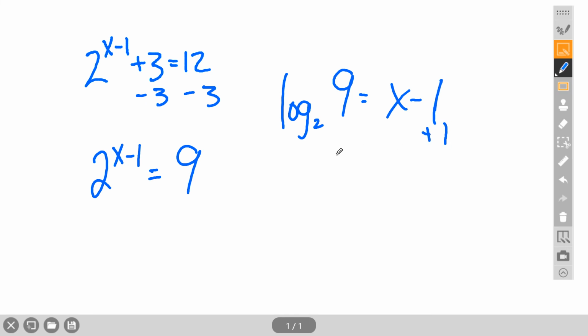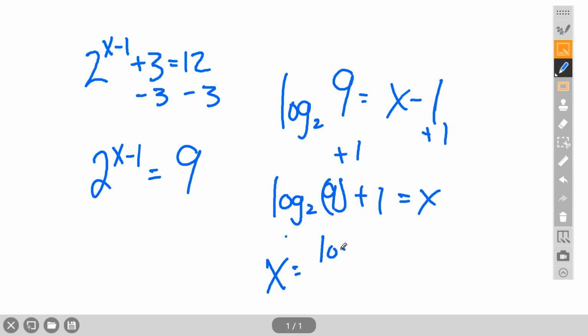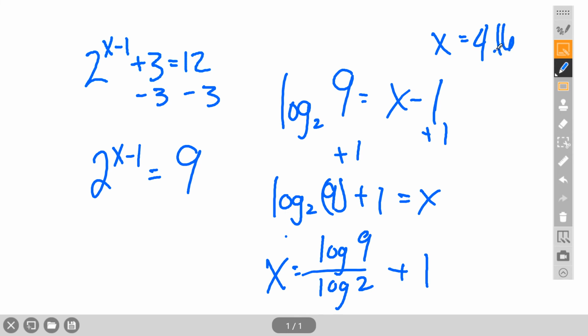We can solve this for x by adding 1. Log base 2 of 9 plus 1 equals x, and then I can calculate this using the change of base formula. So the common log of 9 over the common log of 2 plus 1. So common log of 9 divided by common log of 2 plus 1 is about 4.1699.